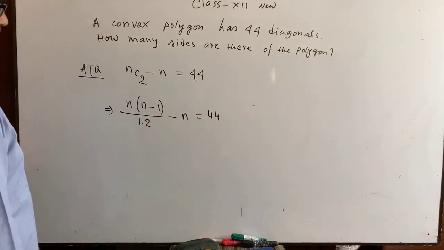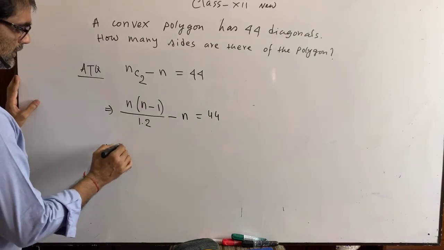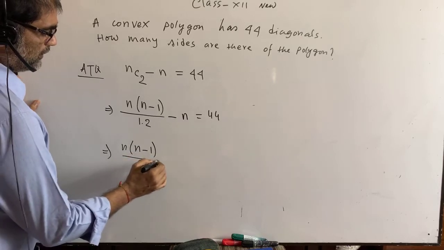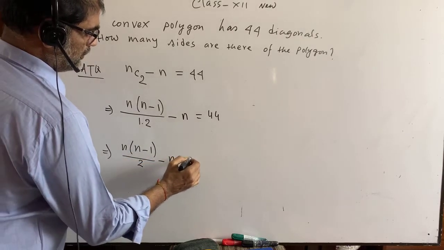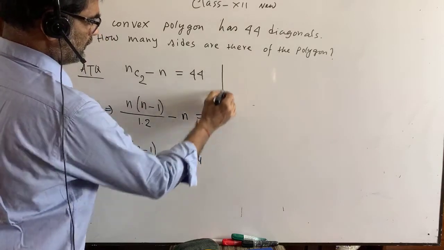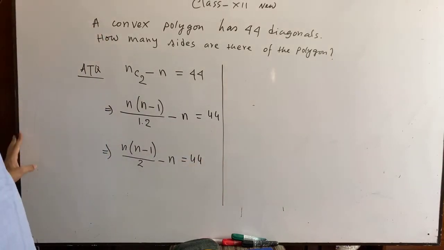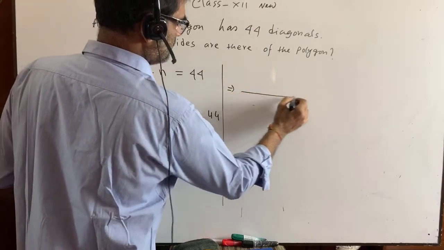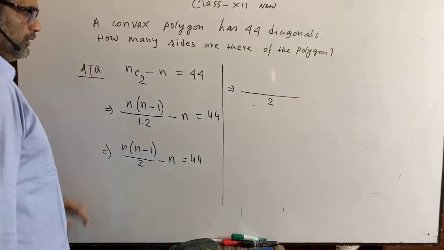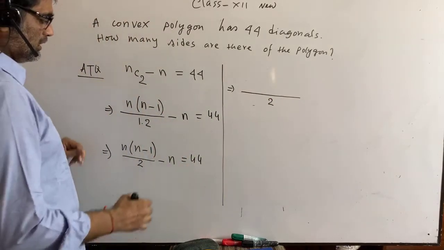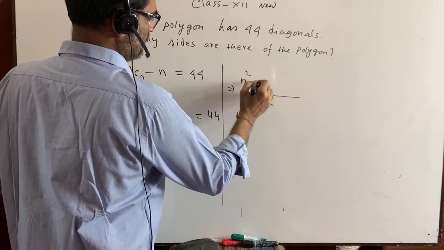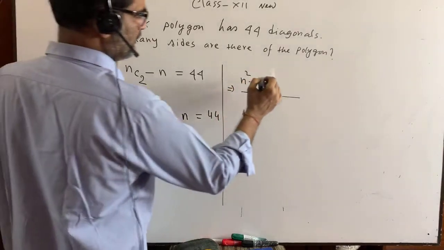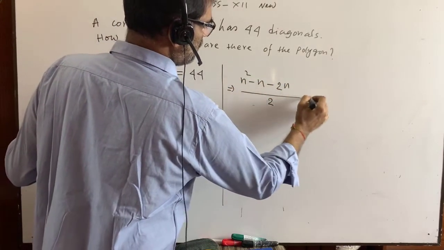That means we get n into n minus 1 by 2 minus n is equal to 44. Now we can take 2 as the LCM. So we are getting n squared minus n, then minus 2n, is equal to 44.